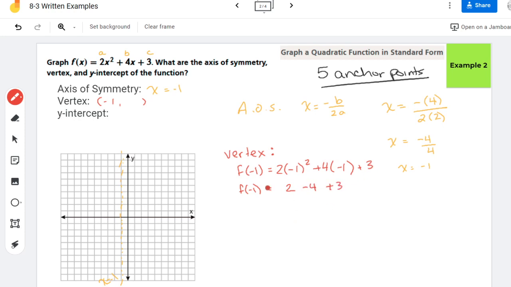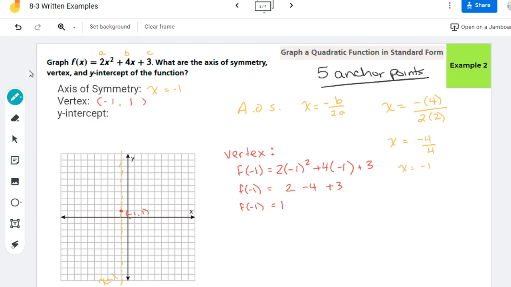Don't forget that plus 3 comes down. So 2 minus 4 is negative 2, plus 3 is a positive 1. So my vertex is at negative 1, 1, which is right here. Remember, from here, everything else kind of falls into place.